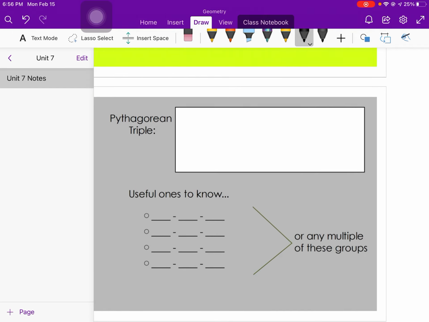Now, another phrase that you might have heard before, maybe not, is what's called the Pythagorean triple. You've definitely seen these before.